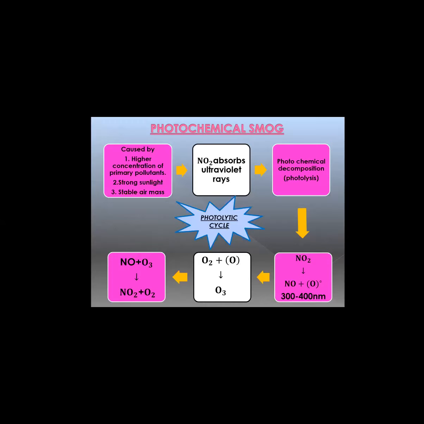Now, in the next step, the atmospheric oxygen is going to combine with the unstable nascent atomic oxygen, resulting in the formation of ozone. Ozone then reacts with nitric oxide, resulting in the formation of nitrogen dioxide and oxygen again.